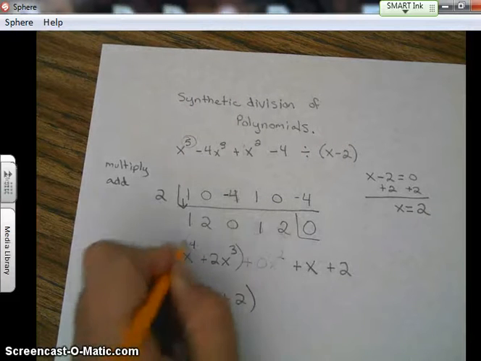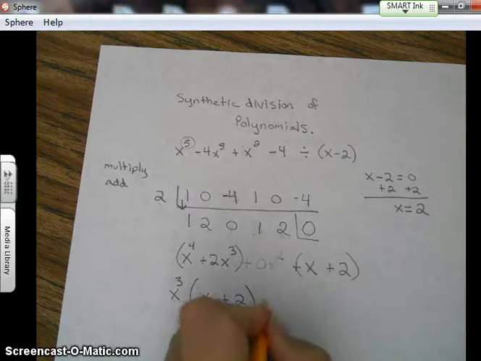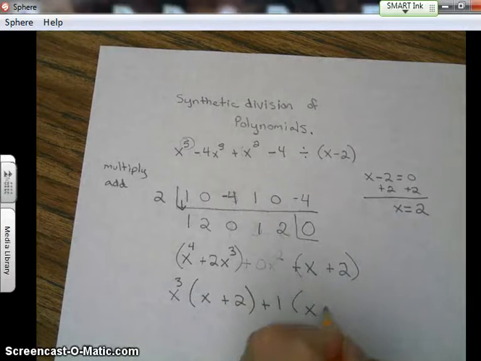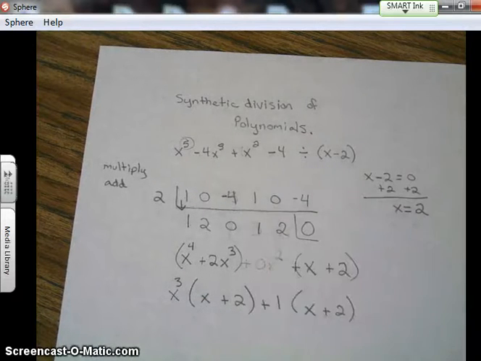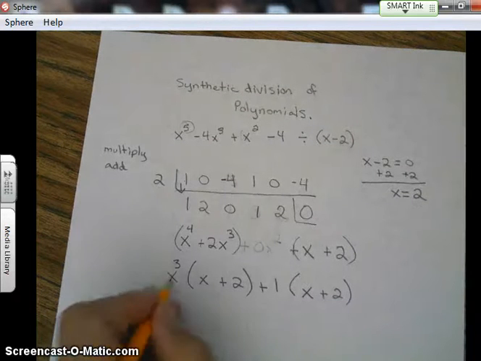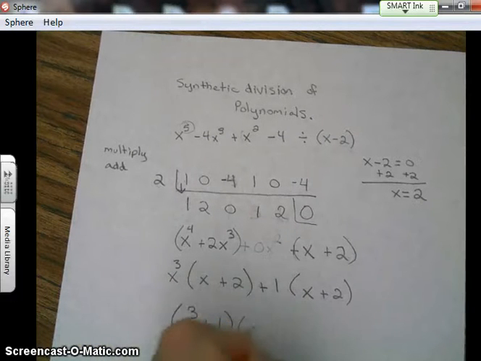Grouping the first two, grouping the second two. So I'm going to factor out a 1. So if I factor out a 1, nothing changes. Okay? So now I have x cubed plus 1 and x plus 2.